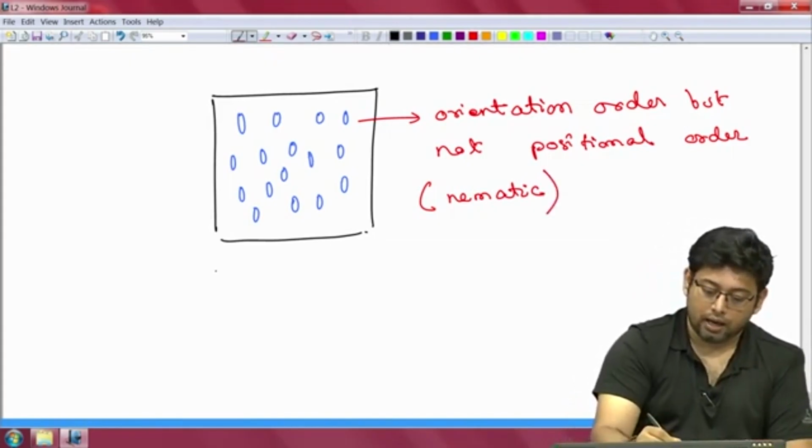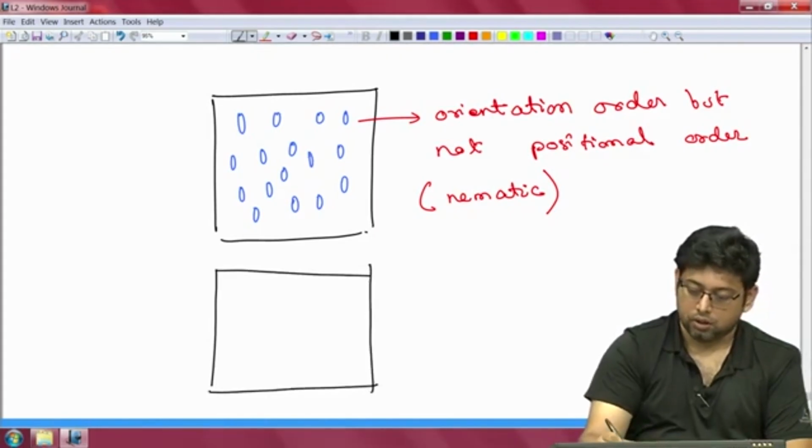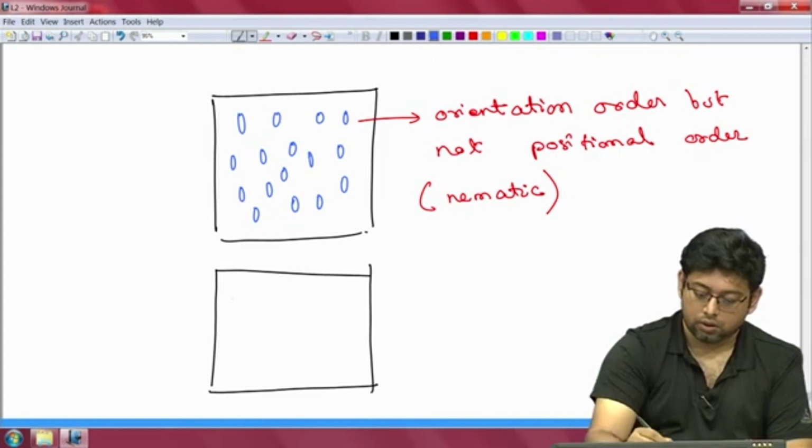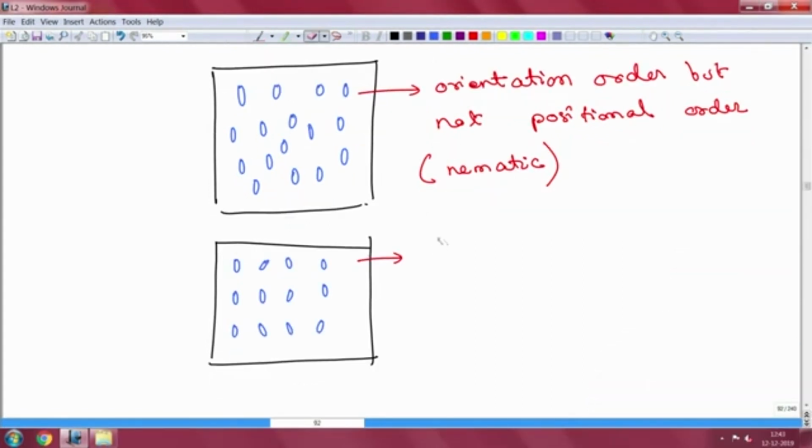And there is another class of materials where you have orientational order. So, that brings us to one more class of liquid crystals where you have orientational order but you also have partial positional order.